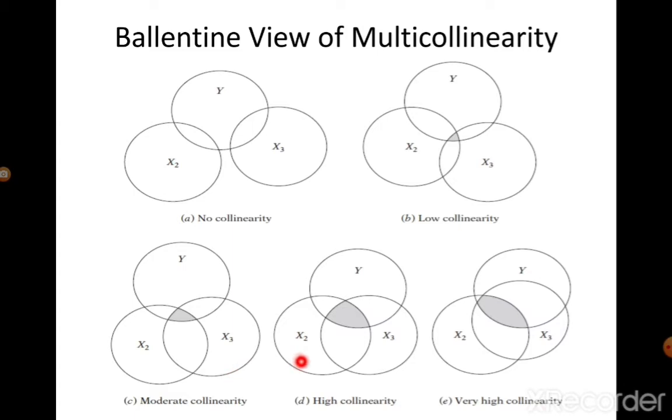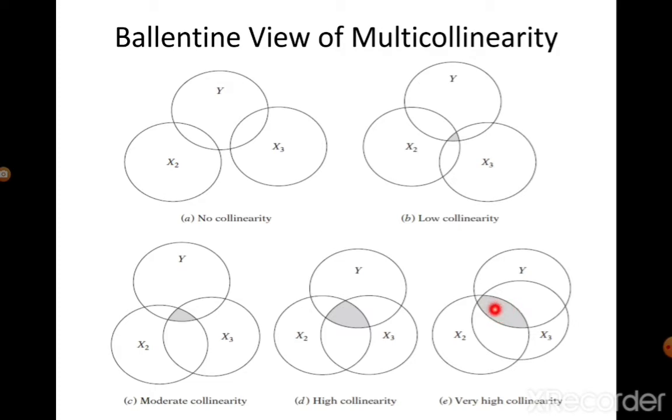The lower three diagrams show instances of greater and greater multicollinearity. If you look at this last diagram here, you can see that there is high collinearity between x2 and x3. So a large portion of the variations in y are being explained jointly by variations in x2 and x3. In this entire shaded region, we cannot isolate and say this much of the variations are due to x2 and this much of the variations are due to changes in x3.